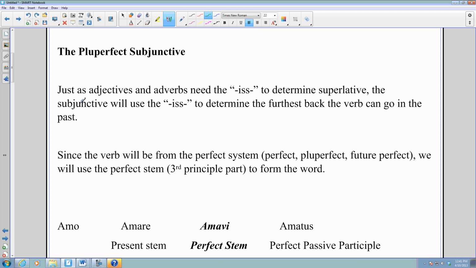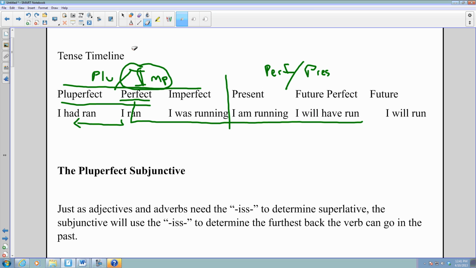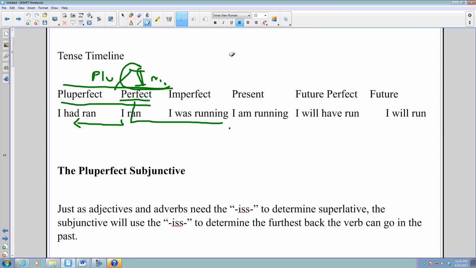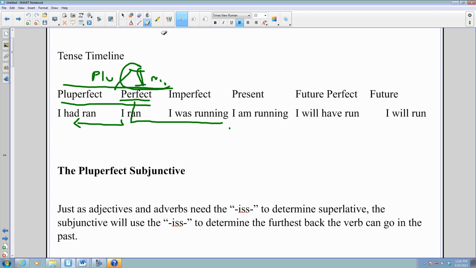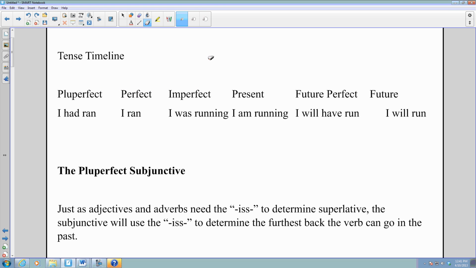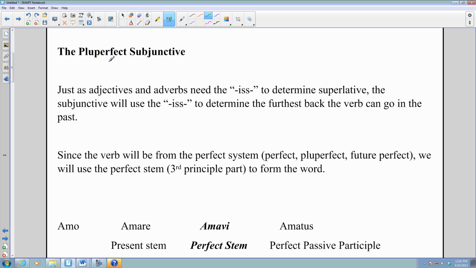In other words, as far back as big or as small as something could get, we use the ISS. We're going to do the same thing with the subjunctive. If you think of this timeline right here, the furthest back I can go is pluperfect. The subjunctive tense then, for the pluperfect subjunctive, is going to use this ISS, this superlative form.